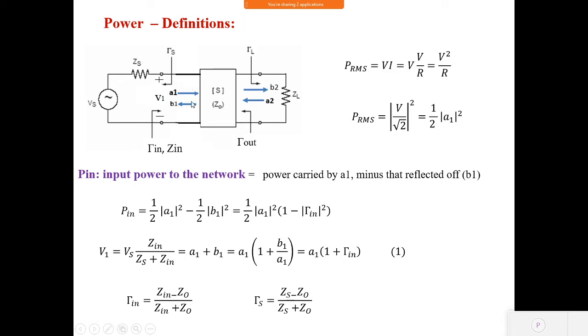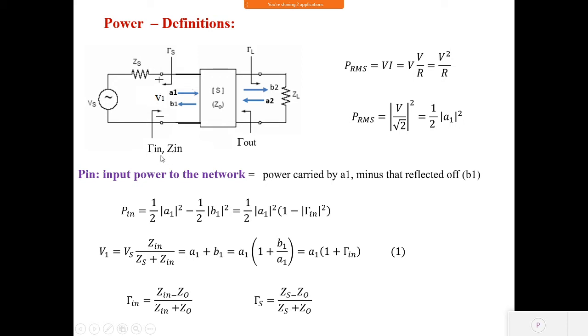So this is a load now, and this is a source here, with an impedance equal to Zin between these two terminals. So you can calculate a reflection coefficient here. If there is a mismatch between Zin and Zs, there is a reflection.